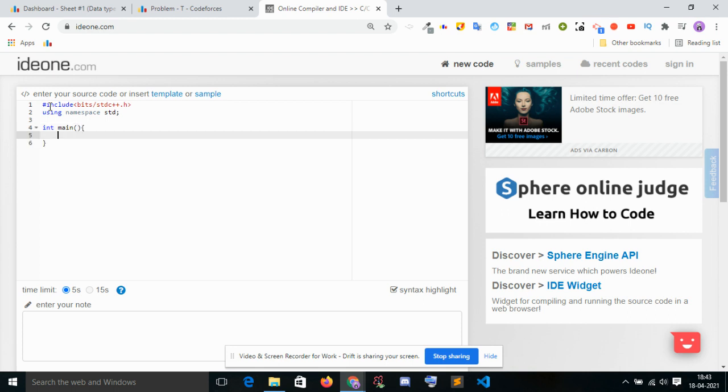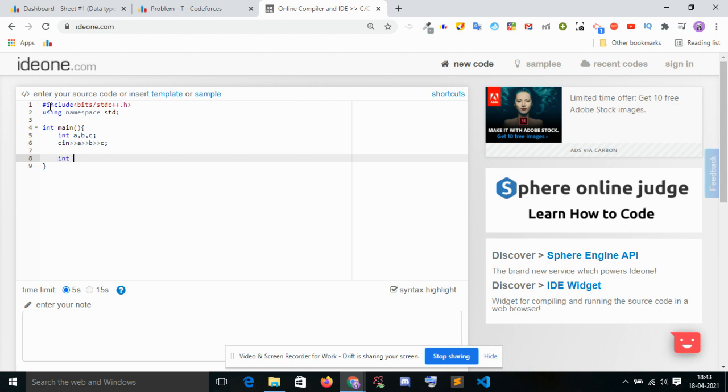This is actually used in sort. So int a, b, c, cin a b c. And even though I told the approach of minimum and maximum, here we'll do it with the sort function.